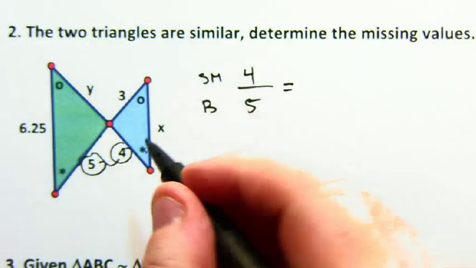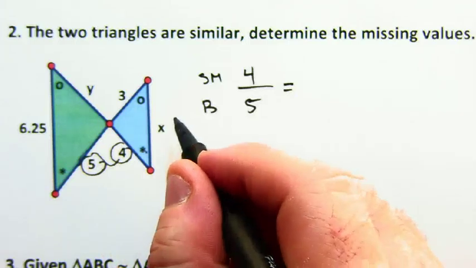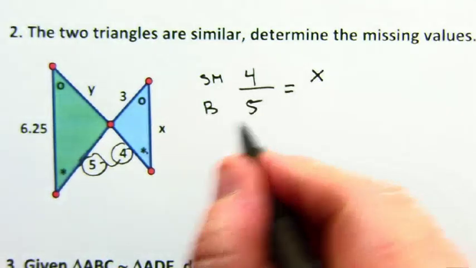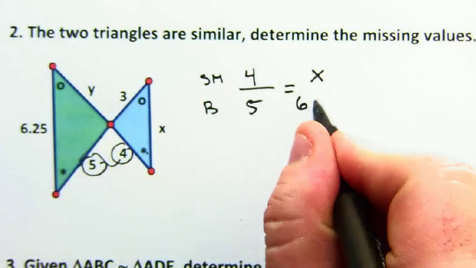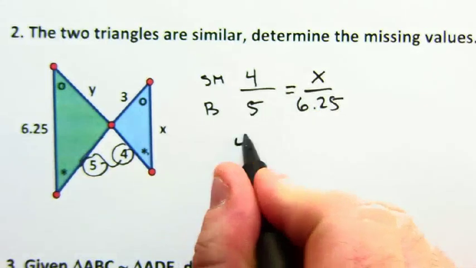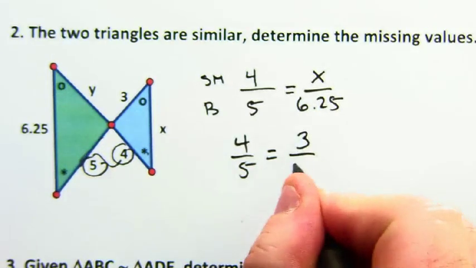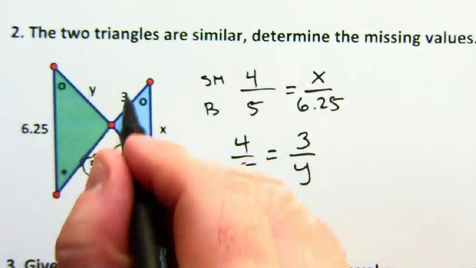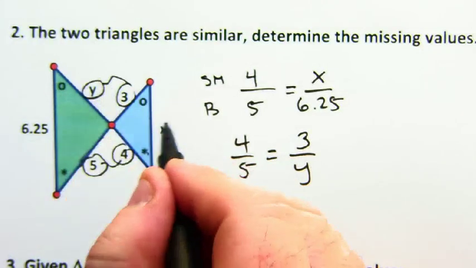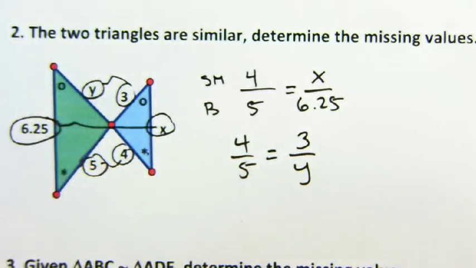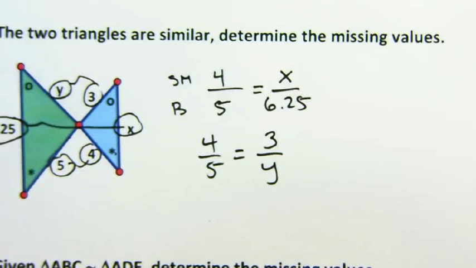There we go. 4 is to 5 as x goes to 6.25. And 4 is to 5 as 3 is to y. So now we solve this.